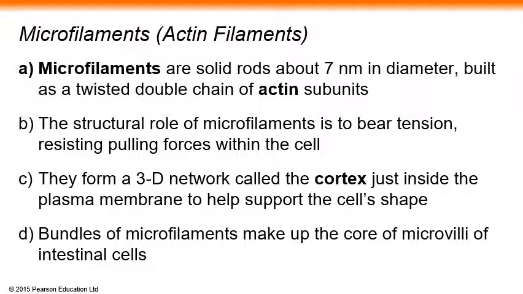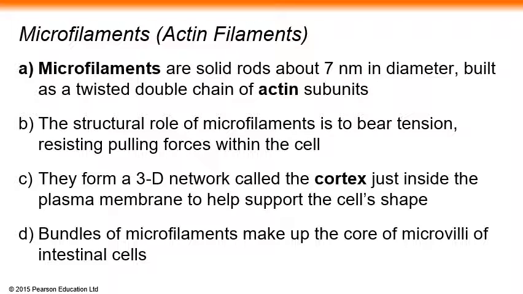And the next one we're going to discuss is the microfilaments, or actin filaments. Microfilaments are solid rods about 7 nanometers in diameter, built as a twisted double chain of actin subunits. The structural role of microfilaments is to bear tension, resisting pulling forces within the cell.